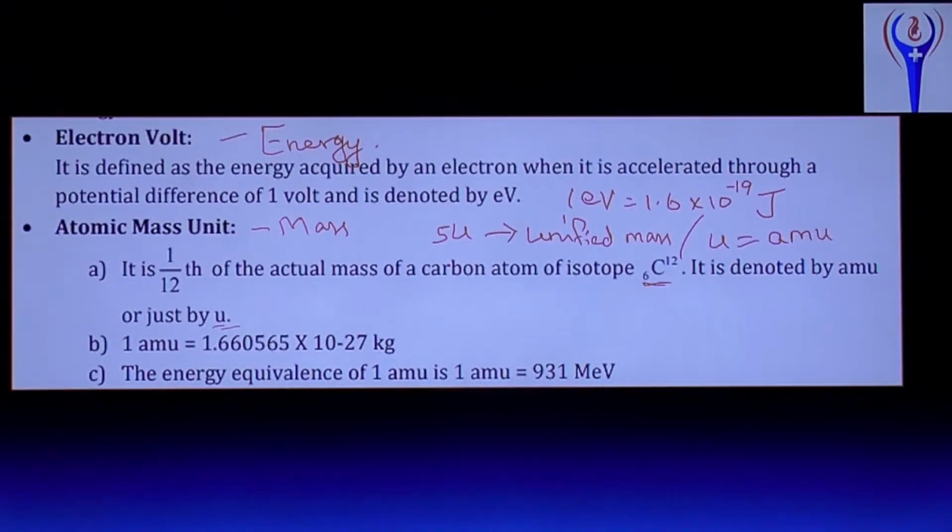Try to find a solution for this question. What is atomic mass unit? In the definition, it is the 1/12th of the mass of the carbon atom. Why should it be carbon? Why not nitrogen or hydrogen?